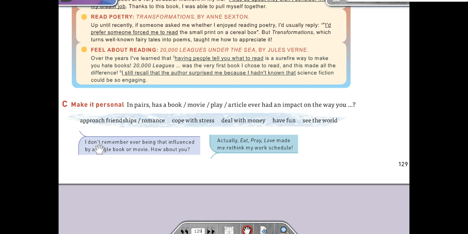You choose any of these topics. Let's see the examples. I don't remember ever being that influenced by a single book or a movie. How about you? Actually, Eat, Pray, Love made me rethink my work schedule.